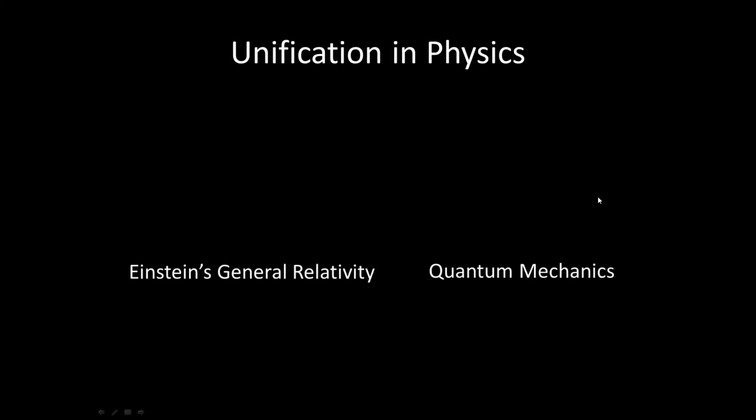Do you know about this? Nobody has unified those. Maxwell used very abstract mathematical tools, and I'm sure that if anyone succeeds in unifying these two, it will be using very abstract mathematics. Maybe one of you will do it.